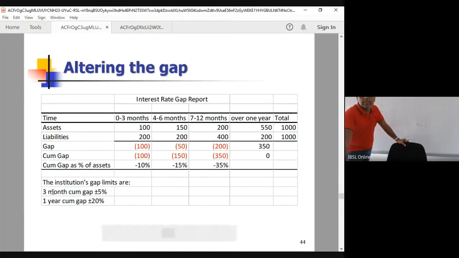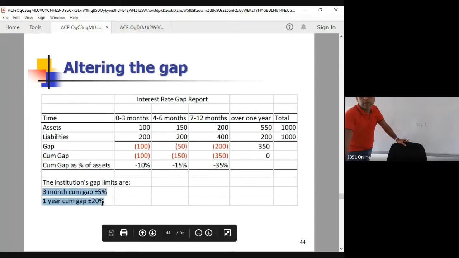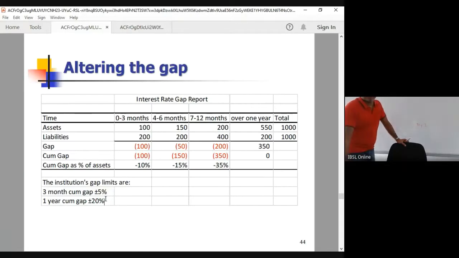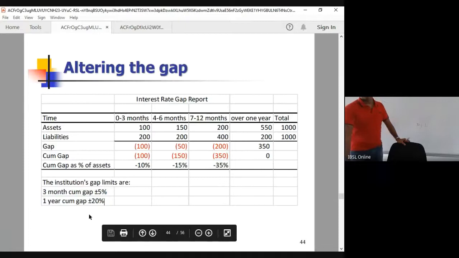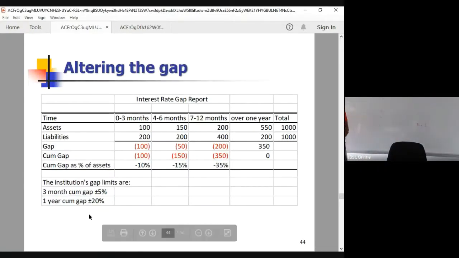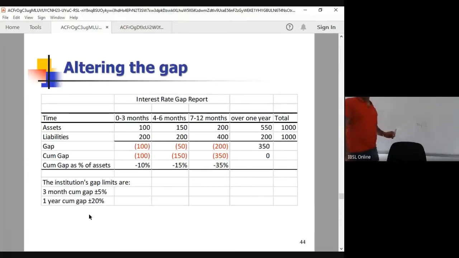And these are the limits given for each of them. So this way you can figure out. For example, on your 3 months, you can have a plus or minus variation of 5%. In your 1 year, you can have a plus or minus variation of 20%. So why are the limits there? I'll just touch on this a little bit.